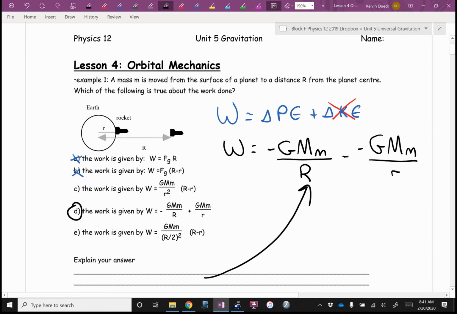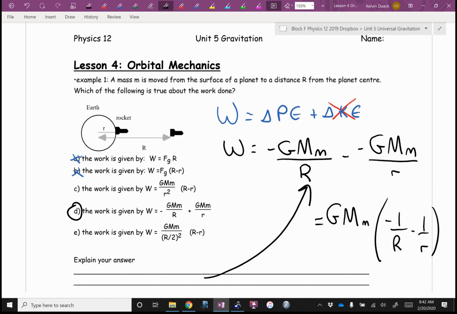By the way, if you wanted to write this slightly differently, you could factor out the big G, the big M, and the little m, and then you'd have negative 1 over big R minus 1 over little r. I've seen some textbooks that write it that way because that's maybe a little easier to type in one fell swoop.